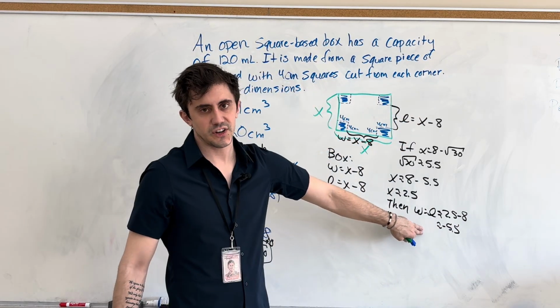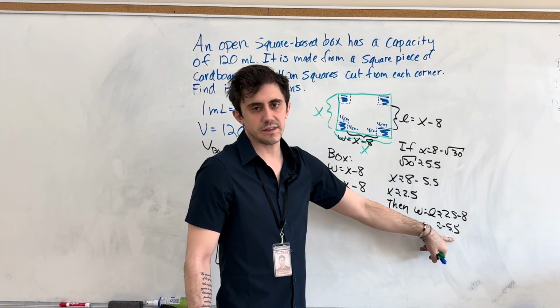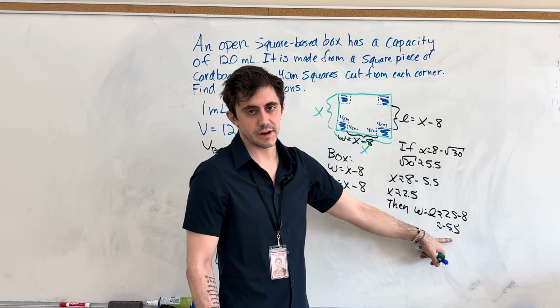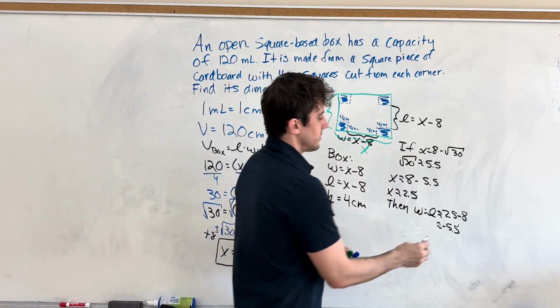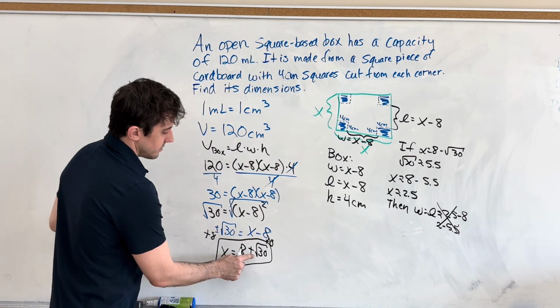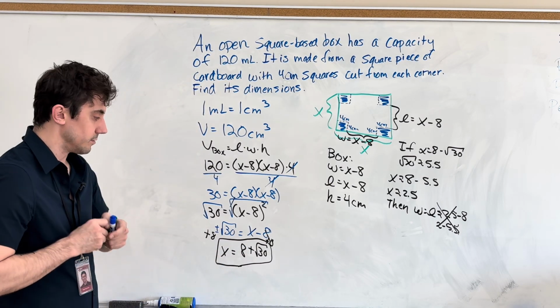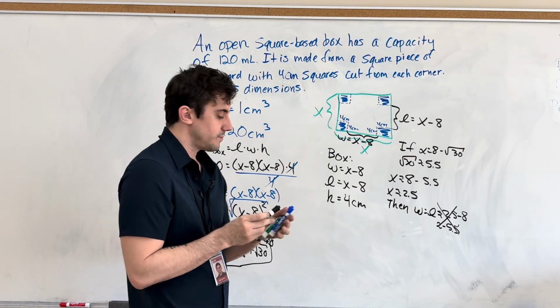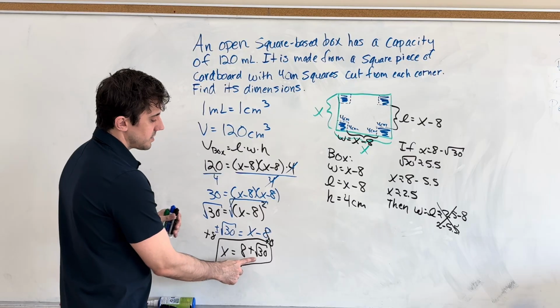And if we live here on Earth, we can't possibly have physical dimensions of an object with a negative length, right? With a negative numerical value, right? And so this is clearly not plausible. And so for that reason, I will reject the negative square root of 30 as a viable solution. And so we get one unique solution for x, namely that x is 8 plus the square root of 30.